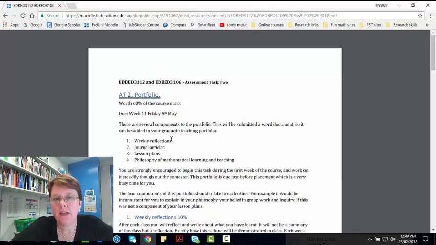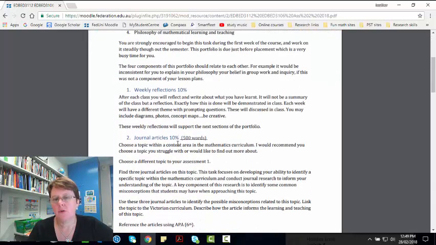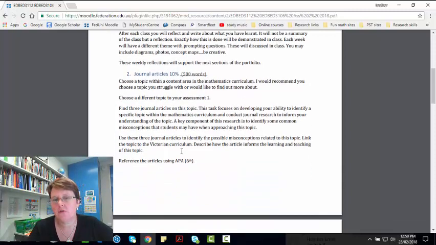So you find your journal articles and you summarise them. That will be 500 words, which is actually not many for 3 journal articles. You'll choose your journal articles based on teaching and learning. Do they explain some activities? Do they explain misconceptions? Do they explain what manipulatives are the best to use? Do they explain how to scaffold students with their learning?